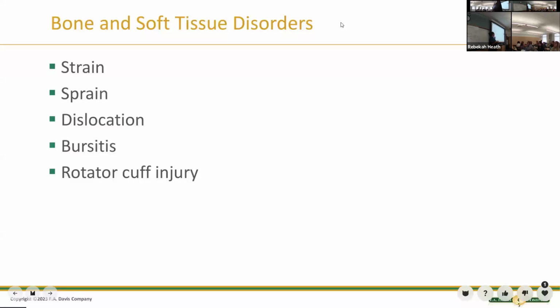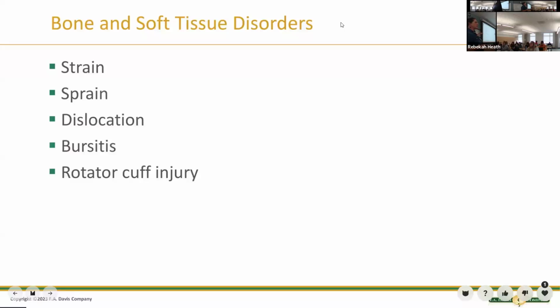And the sprain is a ligament, twisting. Is it the T with tendons? Yeah, that's how I help remember: strain, with the T, involves the tendons. That helps me remember it.